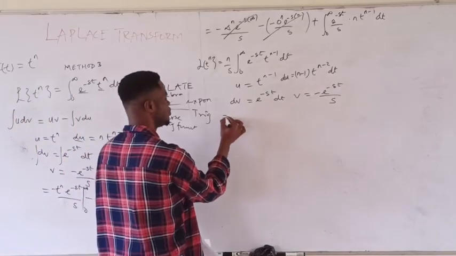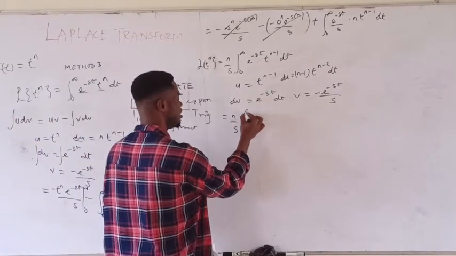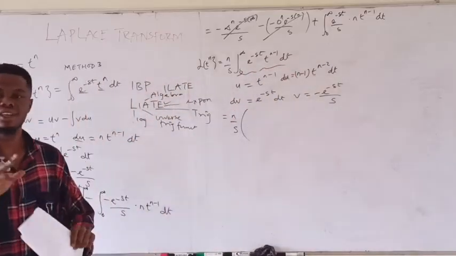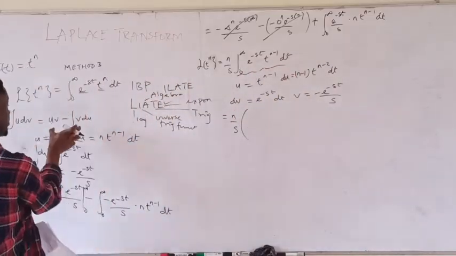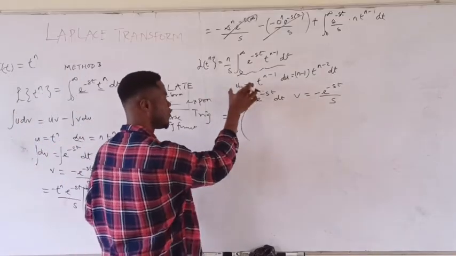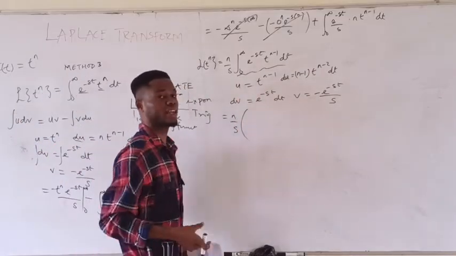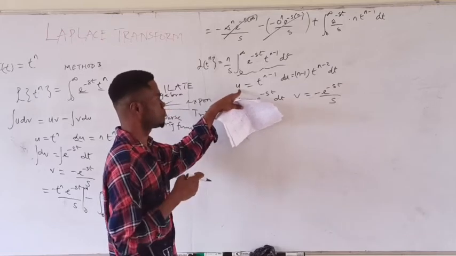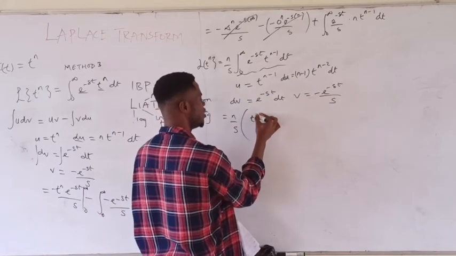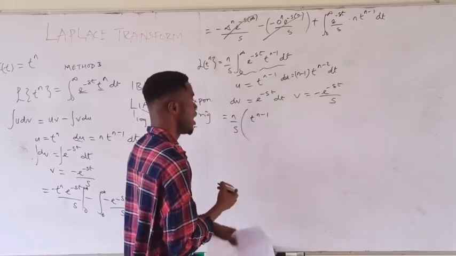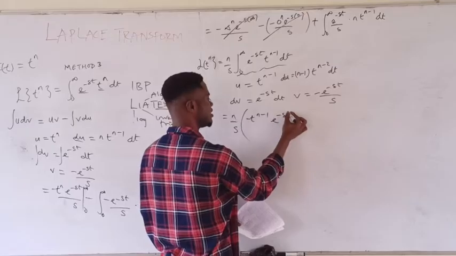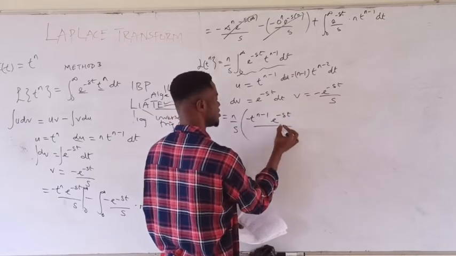So this is equal to n over s into, remember that this integral is done using integration by parts, right? And this is the formula for integration by parts. So we are going to use that same formula in this bracket. So u here now is t raised to the power of n minus 1, and v here now is minus exponential of minus st divided by s, right?